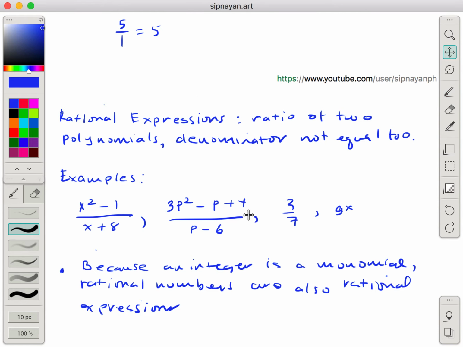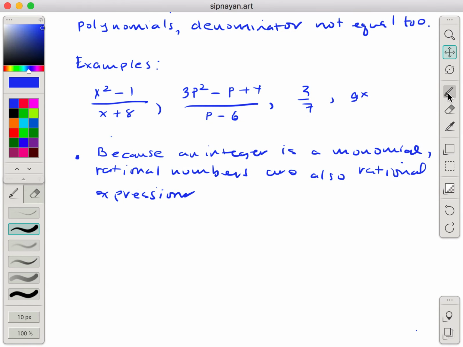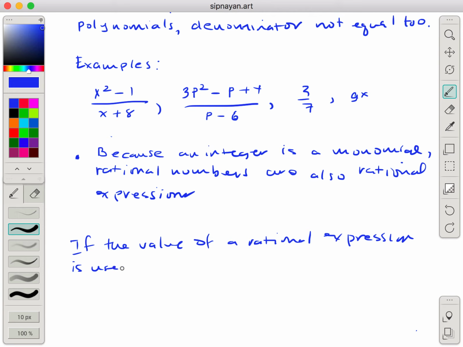And lastly, last part of our video is on rational functions naman. So if the value of a rational expression is used to determine the value of a second variable, we have a rational function.